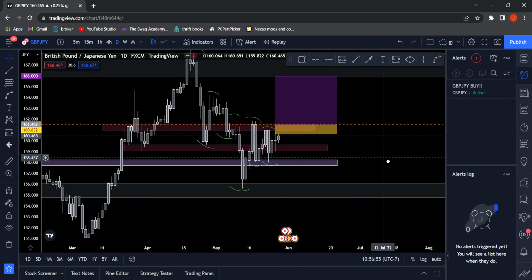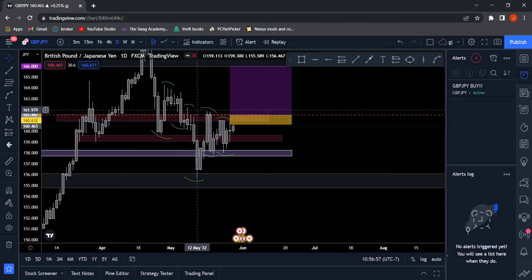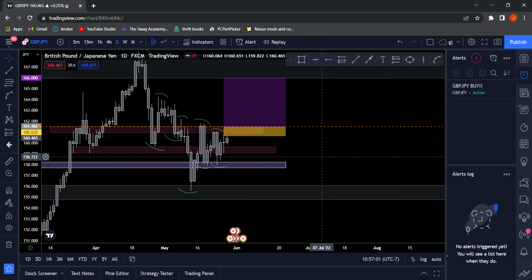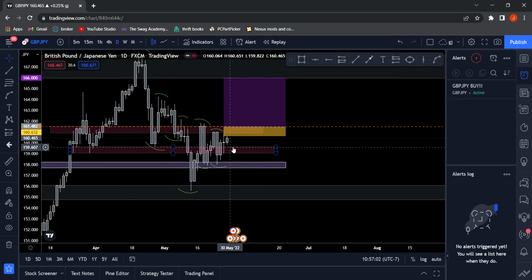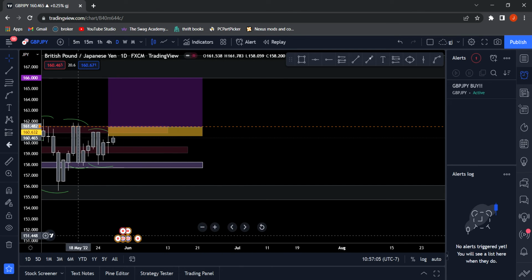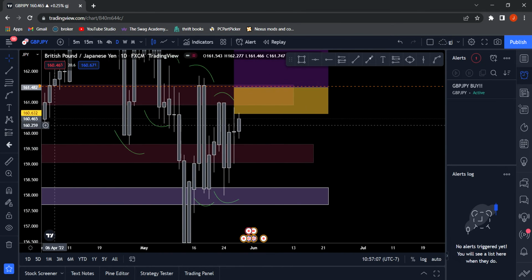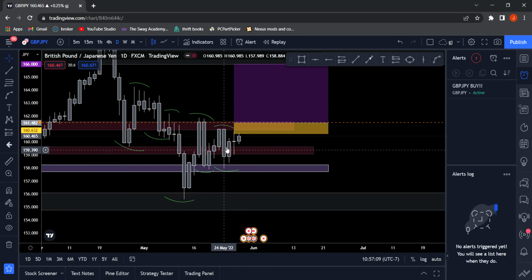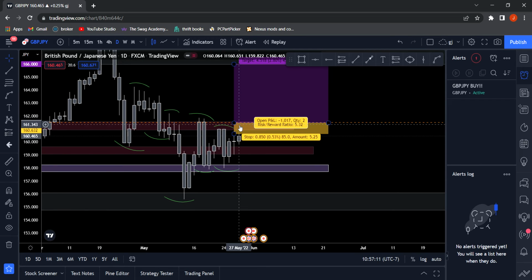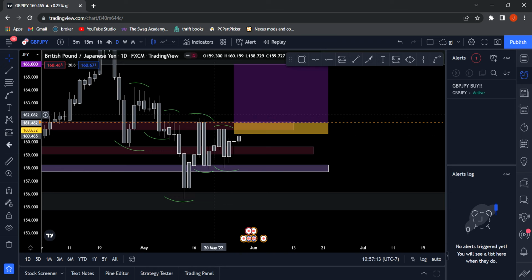But now you can see price has created a double bottom right here on the daily. It broke and retested this monthly zone right here, and it could potentially be heading up to break this zone and continue going higher. But I won't enter until it breaks and closes above this zone.